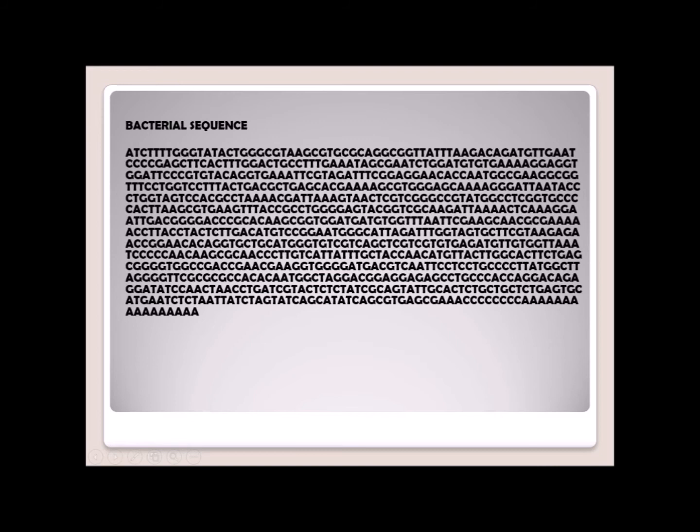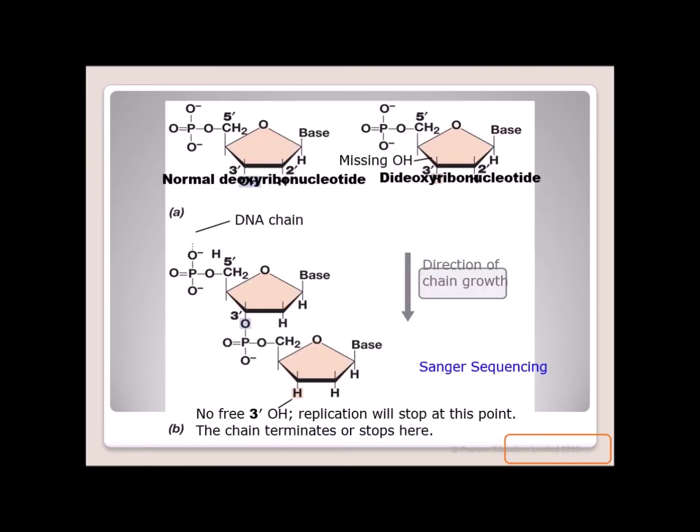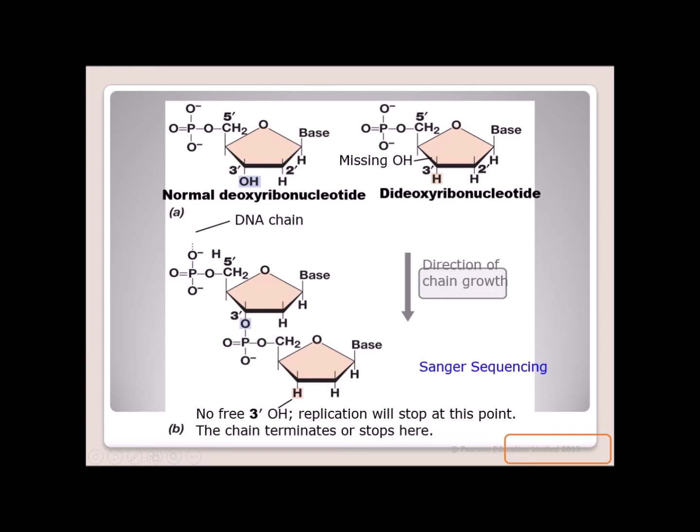Sequencing is done to identify and to know the sequence, the codons that are coding for a particular DNA in an organism or in any cell. Now, before you do sequencing, there is PCR, and before PCR, there are processes.